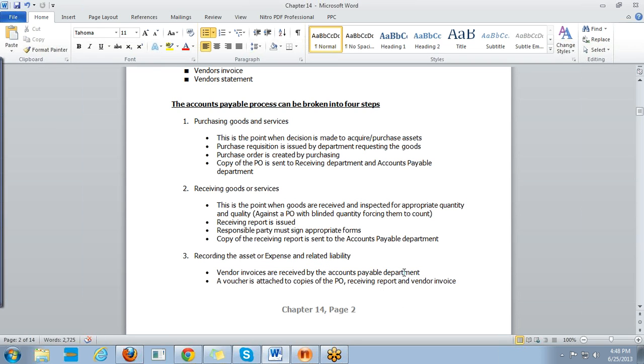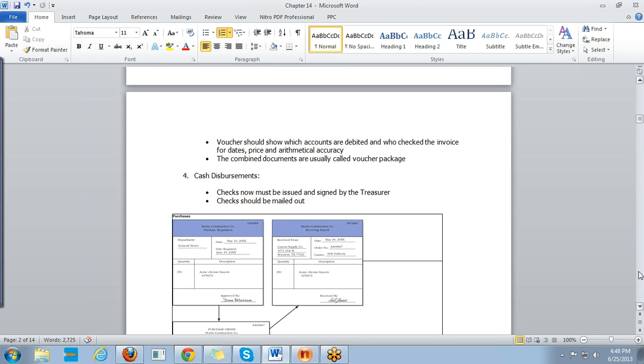Okay, once the vendor invoices are received, they are matched against the original PO and the receiving report and then paid. So what's the process over here? What was ordered was received. What was received was paid. Okay? So these are the 3 steps that we need to understand and follow.